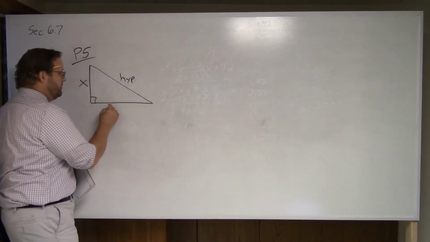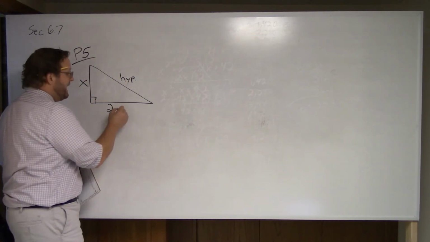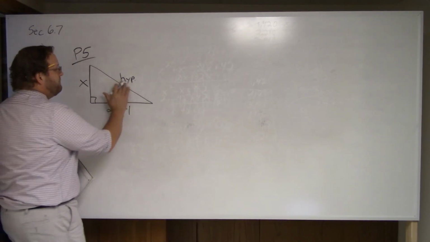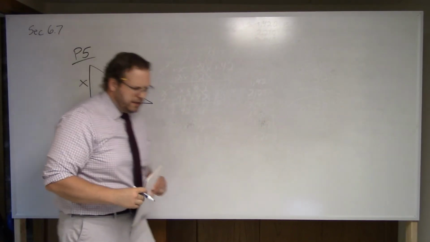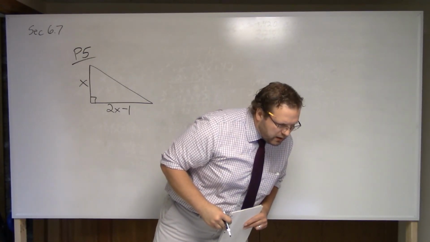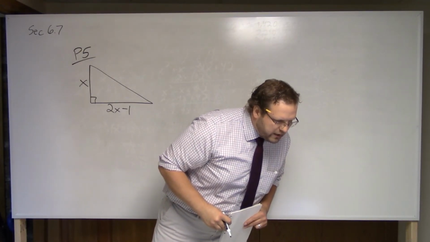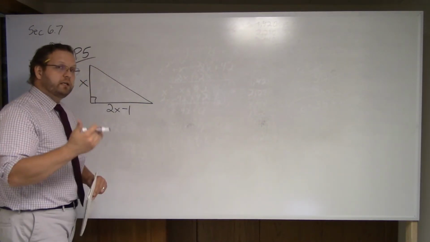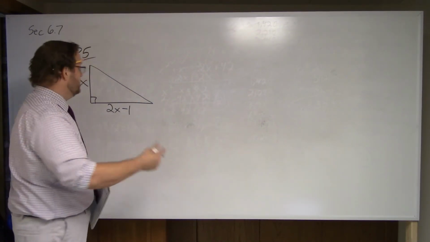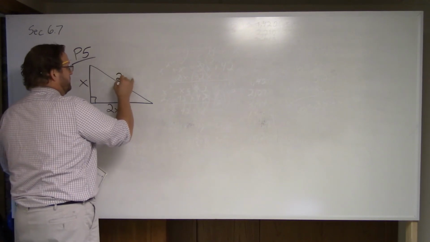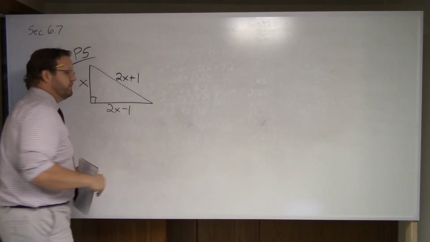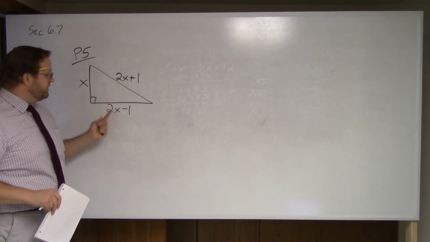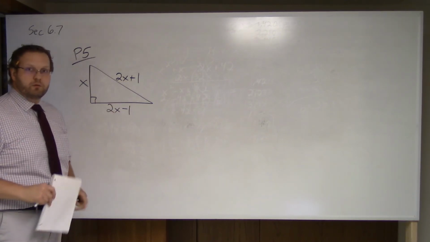So I'm going to double that first leg and lessen it by 1. The hypotenuse then is 1 unit more than double the length of the first. So 1 more than double the first. Okay, so I doubled it and then I increased it by 1. Over here I doubled it and I decreased it by 1.